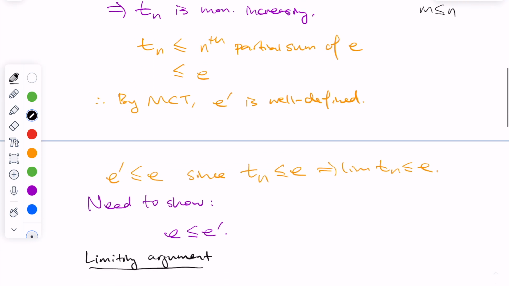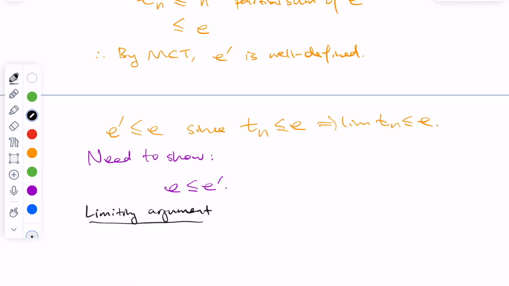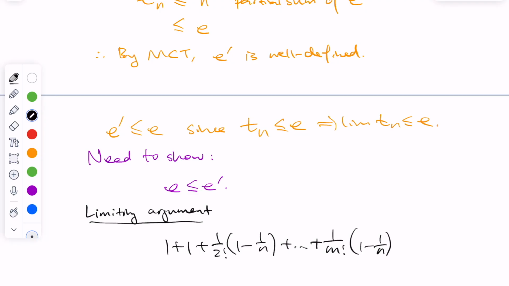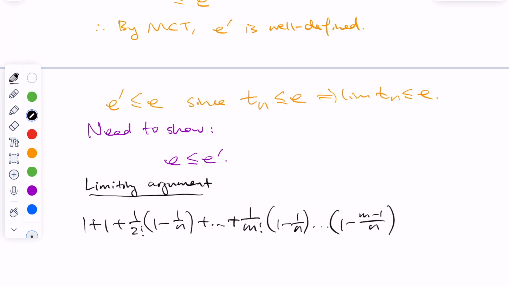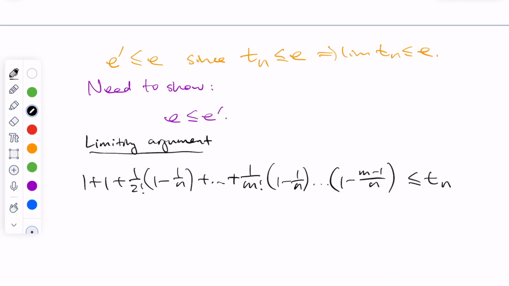So this expression is going to look like the following: 1 plus 1 over 2 factorial times (1 minus 1 over n), plus dot dot dot plus 1 over m factorial times (1 minus 1 over n) dot dot dot (1 minus (m minus 1) over n), right? And because this is only part of the expression for Tn, this is clearly less than or equal to Tn. And we're going to fix this m. It's not going to change. So fix our m, which is less than or equal to n.